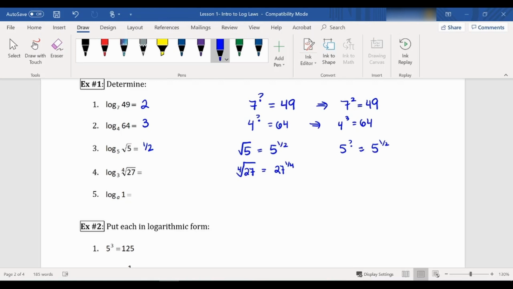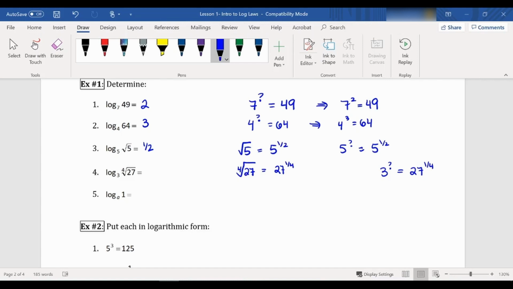The previous one was a square root, so our index was 2. That's why we had 1/2. And the problem here is that we've been asked 3 to what power gives me 27 to the 1/4.